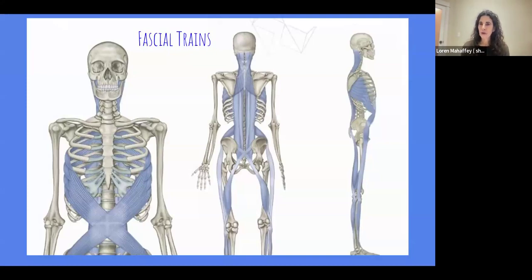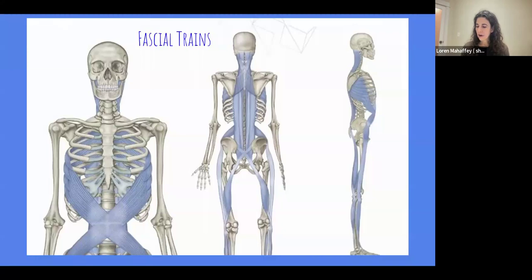And the myofascial system wraps the skeletal system and it creates a container with specific pathways which allows force to travel through the skeletal system along a continuum. And these long lines are mapped as fascial pathways, are also called fascial trains.